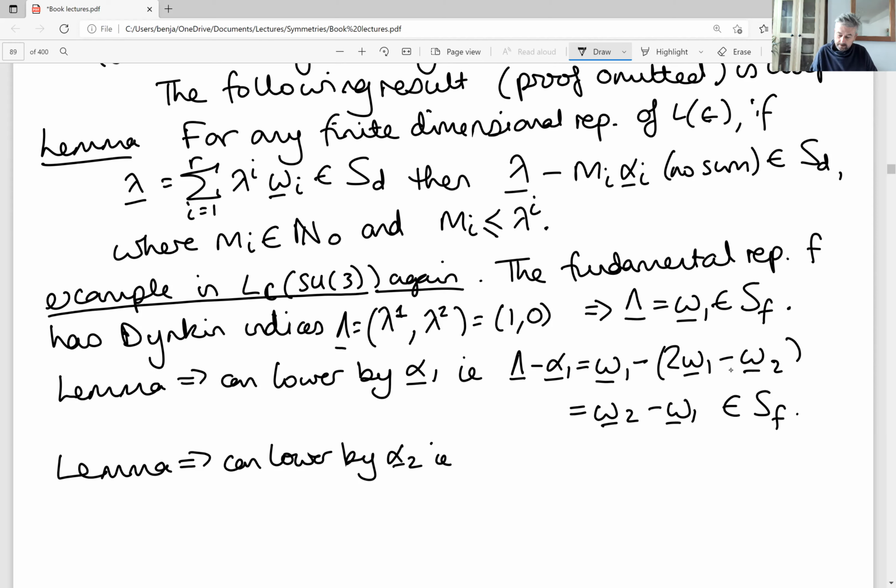We take alpha 2 off this, so w2 minus w1 minus alpha 2. If you do that, you'll get minus w2, and this is also in the fundamental rep. Then we can go no further because we have no positive coefficients multiplying the fundamental weights.